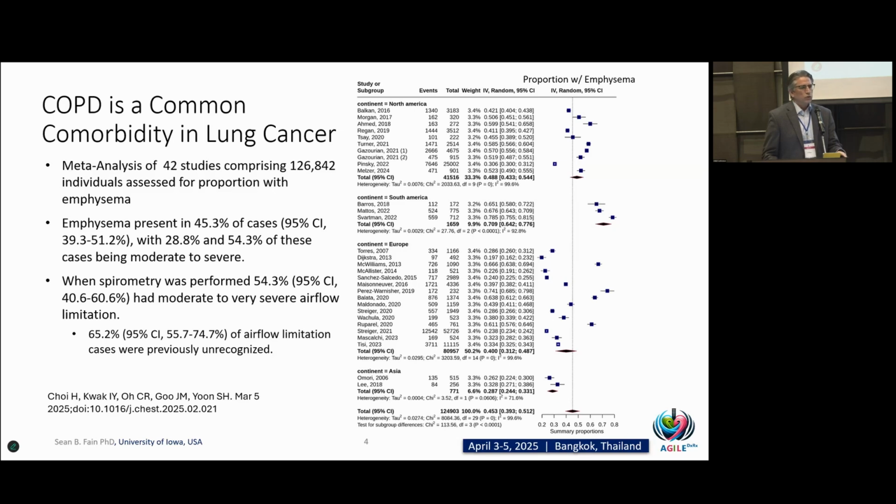When spirometry was included, so they also looked at airflow limitation as well, approximately 50% fell into having airway disease. And of that, 65% were showing airflow limitation that had previously not been diagnosed.